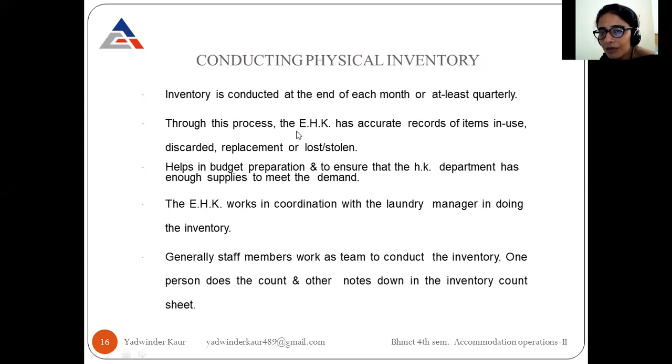We go through the inventory and find the proper record of accurate items, what has to be discarded, what has to be replaced, or anything lost or stolen. So we can identify it by conducting the physical inventory, right?